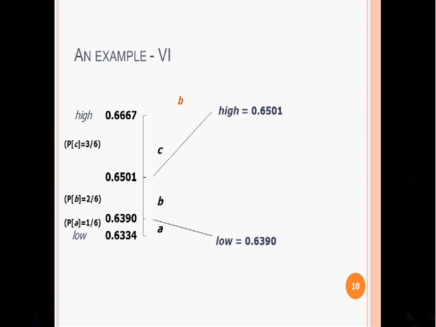Similar step is repeated for the last symbol, that is B, and we get the final interval as 0.6390 and 0.6501. So the coded number is 0.64 for the alphabet B, C, C, B.